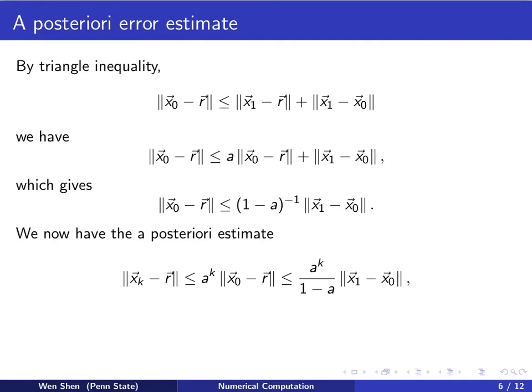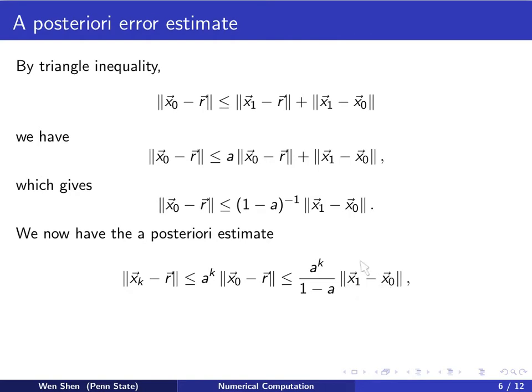So why is this estimate interesting? Well, this gives us an idea of how big the error is at the kth iteration, because the real root, the fixed point r here, we don't know. What we do know is x0 and x1, this is what we can compute.